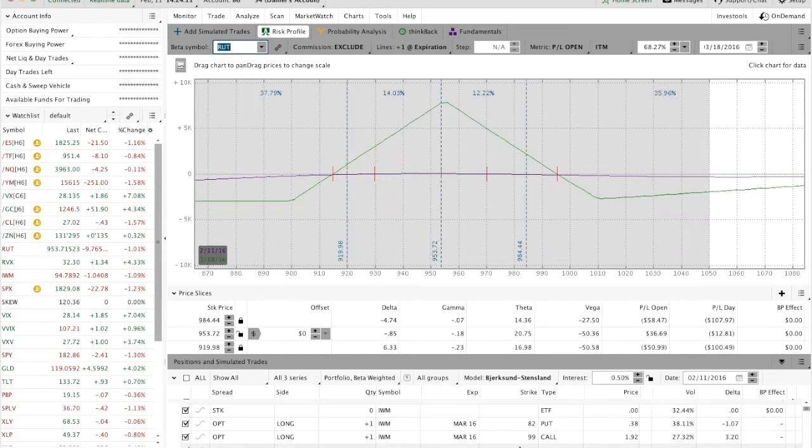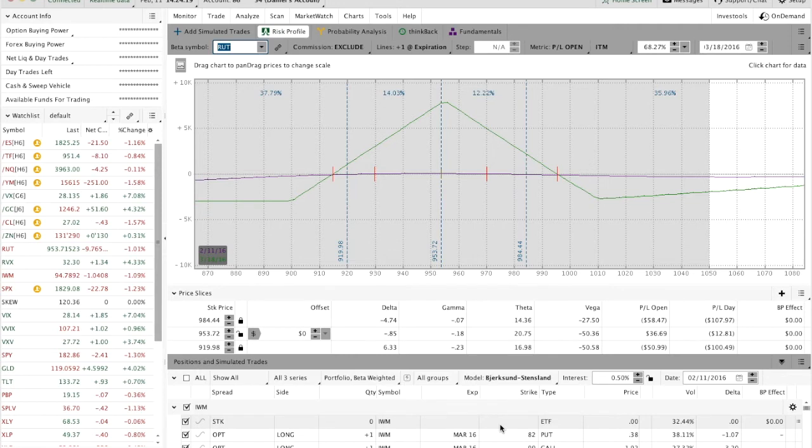The 99 and 100 IWM calls, and then also I have just a disaster protection put down there at 82 that I picked up a couple days ago when the butterfly was full size. But this is just to protect against some sort of catastrophic gap lower, say beyond the 900 level down into the high 800s, something like that.